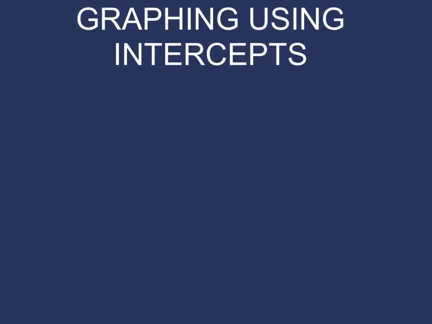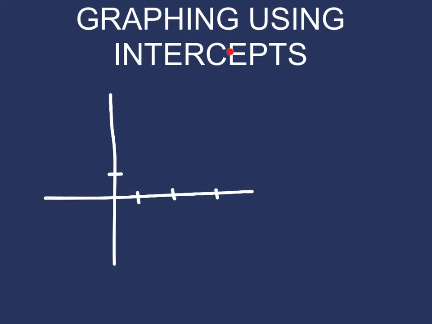The last thing that we want to do is graph these kinds of equations using the intercepts. Before we do anything, I want to talk about points on the coordinate plane. If I were to graph any point on the x-axis, this point would be -2, 0.